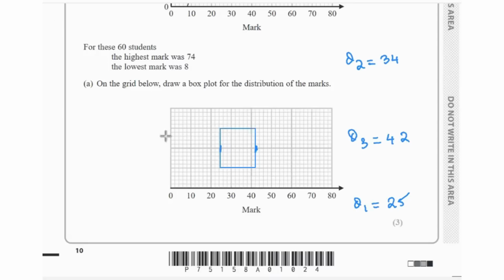Your median is at 34. Maximum value is 74. Minimum value is 8.